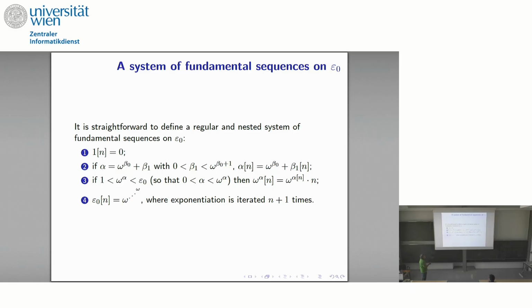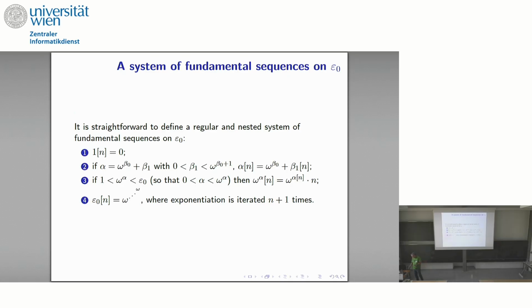And for epsilon 0, we take the natural fundamental sequence, the one you use when you explain what epsilon 0 is, right? You just iterate exponentiation, and so the nth element is obtained by having iterated exponentiation exactly n times. If you do this, it is regular and nested in my sense before, and so everything works.